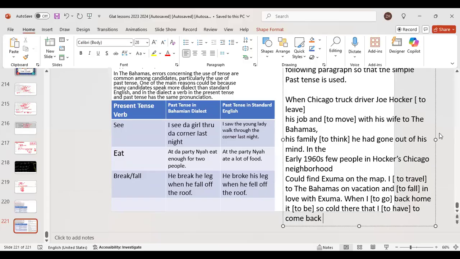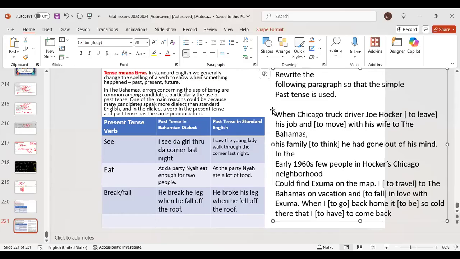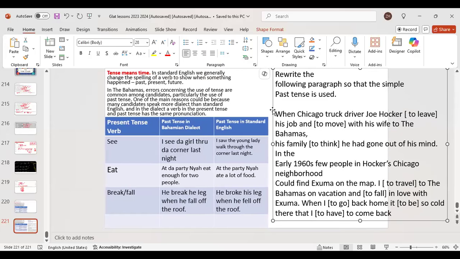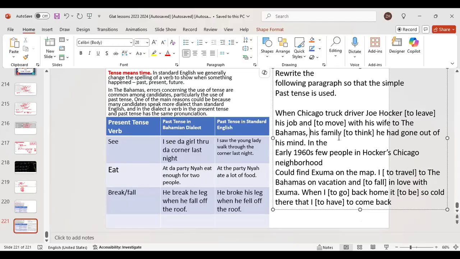Okay. So again, what we're gonna do here is we're just rewriting the paragraph so that anywhere we have the infinitive, we're gonna change it to the simple past tense. So when Chicago truck driver Joe Hawker to leave his job and to move his wife to the Bahamas, his family to think he had gone out of his mind.